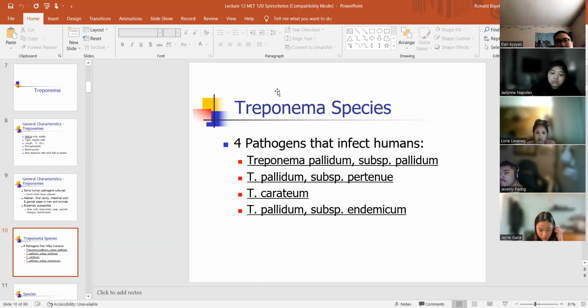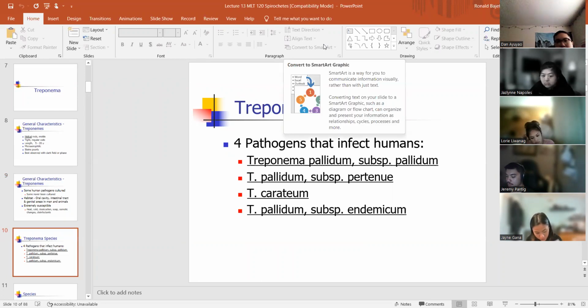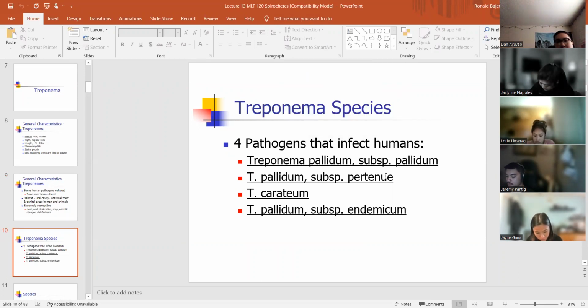Now, in the handout that I gave you, the order is a little bit different. The reason why I changed the order is because I want you to memorize it the way that I learned treponemes when I was in college.